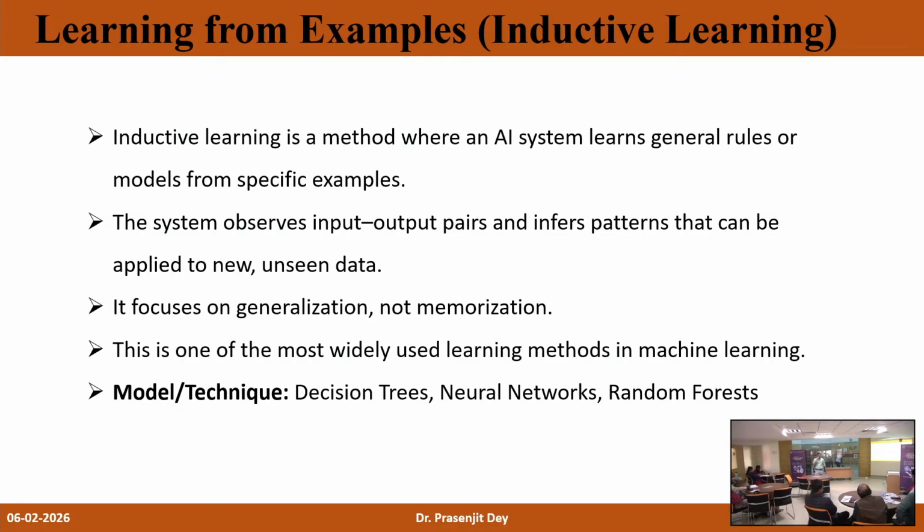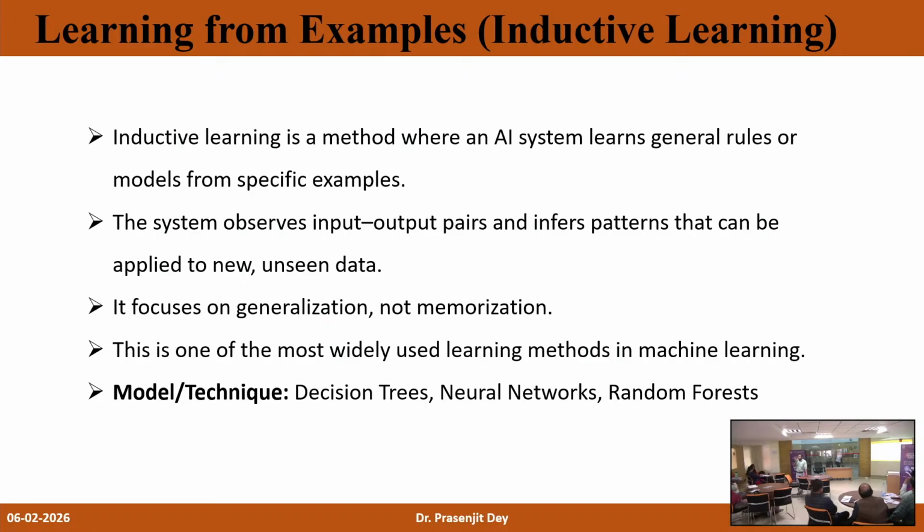I know that for a particular x-y pair, if x has a certain value, it will come up with that particular y value. Or if I feed a child a set of dog images and a set of cat images, and then show a new image which may look like a different breed of dog, the child should be able to identify, yes, this is also a dog, maybe of a different type.